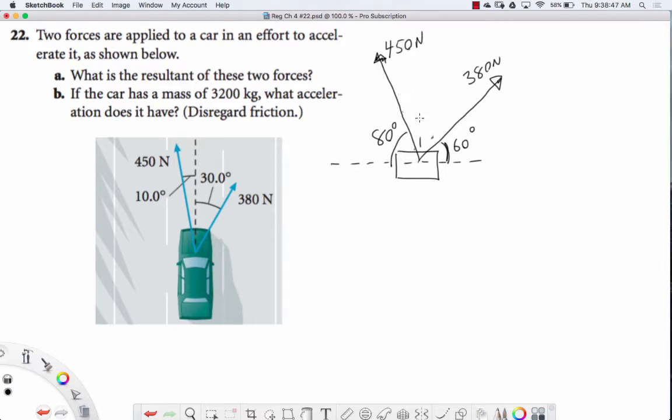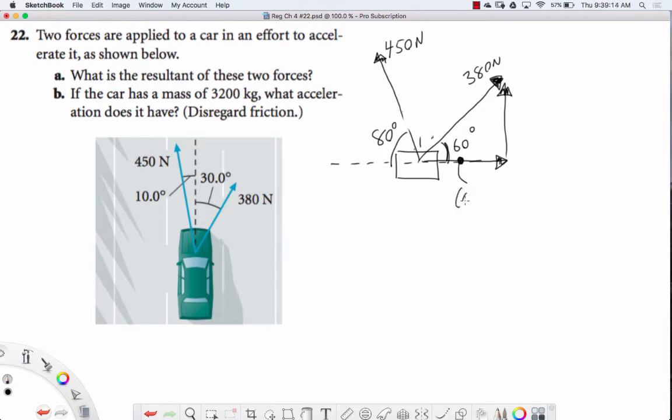All right? So we need to break these two forces into x component and y component. We need to break the 380 and the 450 into their component vectors. So I'm going to show those here. This represents the x component of the 380. This represents the y component of the 380. For these components, you use trig. So I'll show you how to do this guy right here. How do you get the x component of the 380?